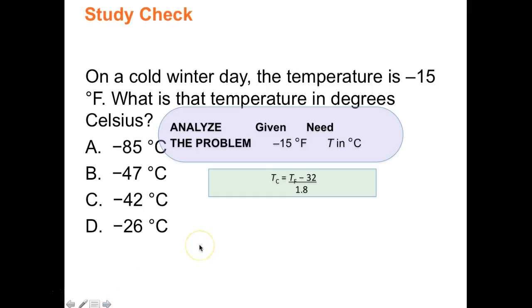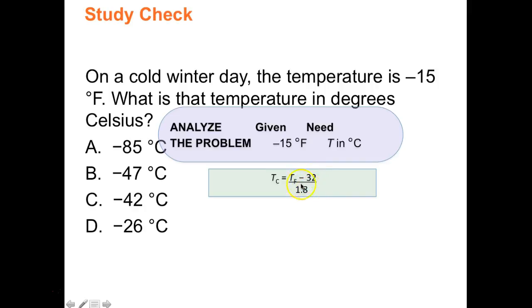On a cold winter day, the temperature is minus 15 degrees Fahrenheit. What is the temperature in degrees Celsius? Just plug it into the formula: minus 15 minus 32, following the rules for subtracting negative numbers.